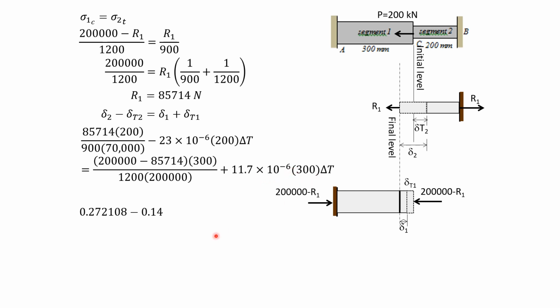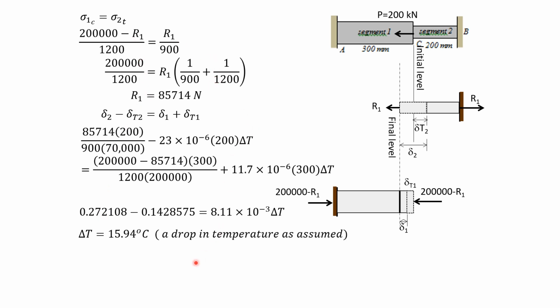Solving for delta T, before that, let's compute each. Combining delta T's and combining these values here, the result would be delta T is positive 15.94 degrees Celsius. Since it is positive, our assumption that the temperature should drop is correct.